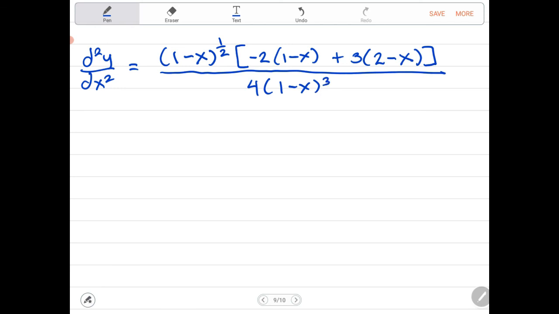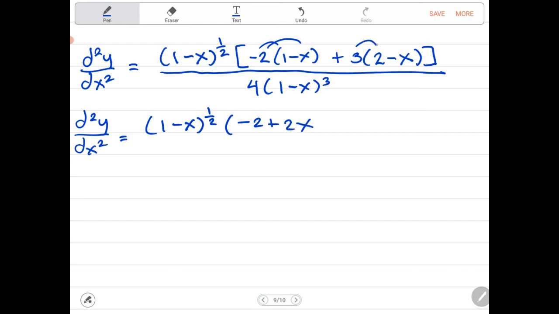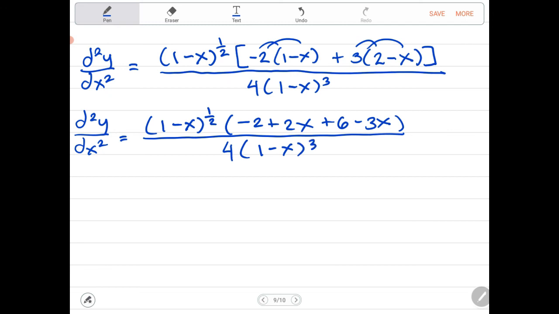Okay, let us simplify the equation inside the bracket. Second derivative of y with respect to x is equal to 1 minus x raised to 1/2. Distribute negative 2, so negative 2 plus 2x. Then distribute 3, plus 6 minus 3x. All over 4 times 1 minus x cubed.